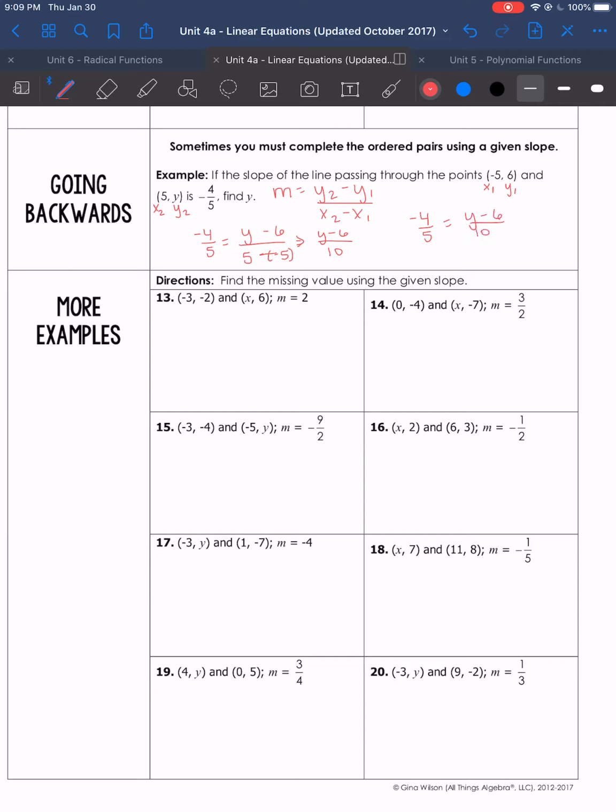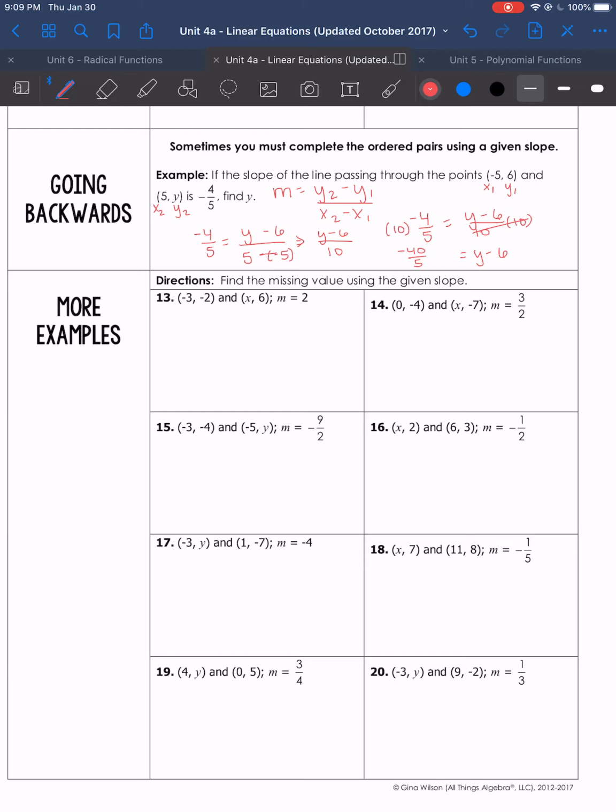And this is just a simple equation which we have solved many times. So what we're going to do here is multiply both sides by 10. So those 10s will go away, and I have y minus 6 on my right hand side, and negative 40 divided by 5 on my left hand side.